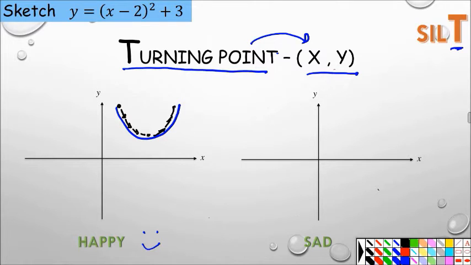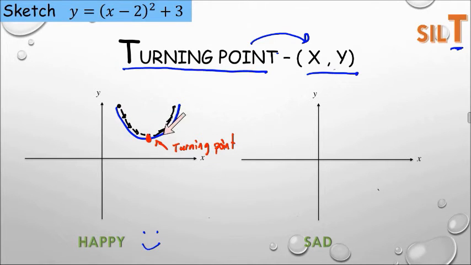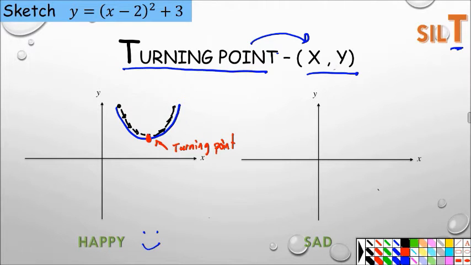So this point here is called the turning point. Notice that this is also the lowest point in the curve, so it has another name called the lowest point, and it has also another name called the minimum point.